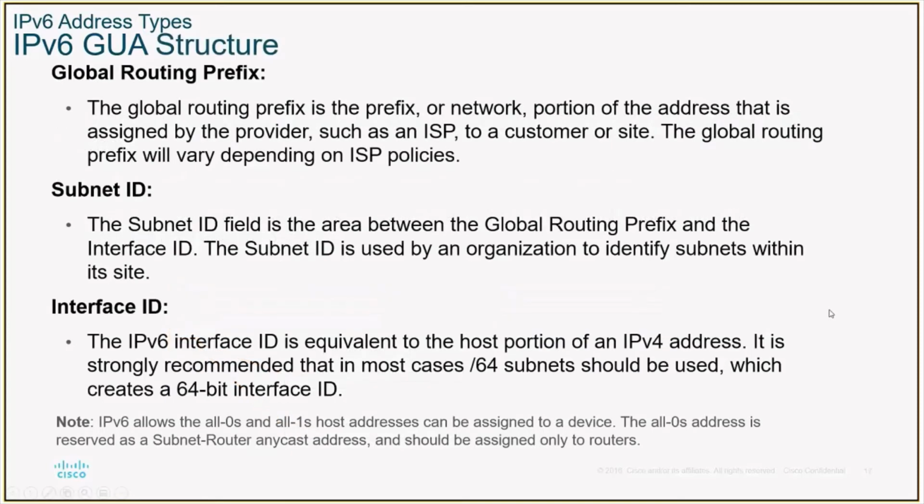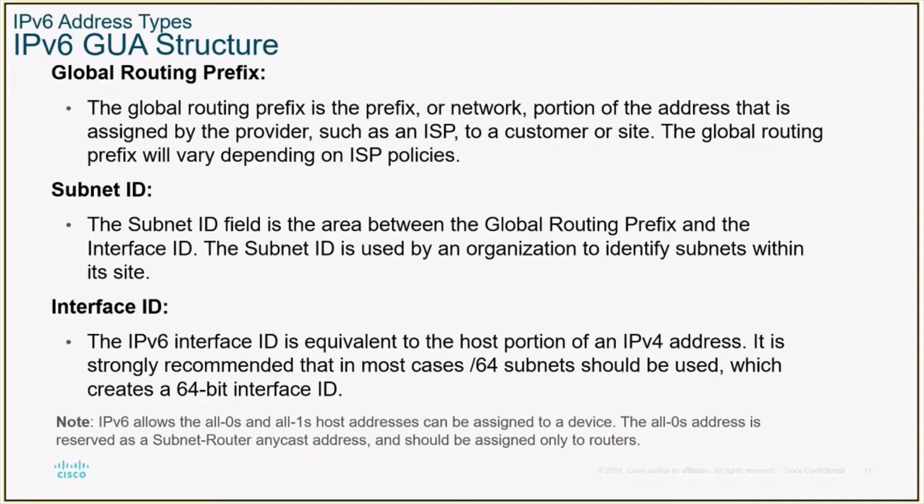All right, so the global routing prefix is the prefix or network portion of the address that is assigned by the provider, such as an ISP, to a customer or site. The global routing prefix will vary depending on ISP policies. And then the subnet ID field is the area between the global routing prefix and the interface ID, and it's used by the organization to identify subnets within its site.